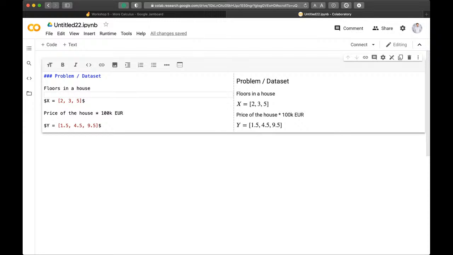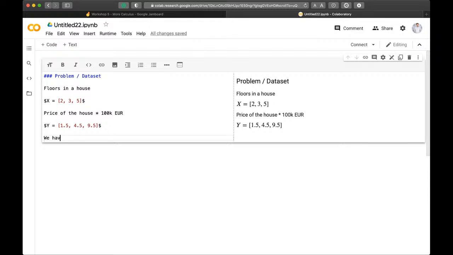We have 3 samples basically. We want to be able to predict, let's say, for x4.